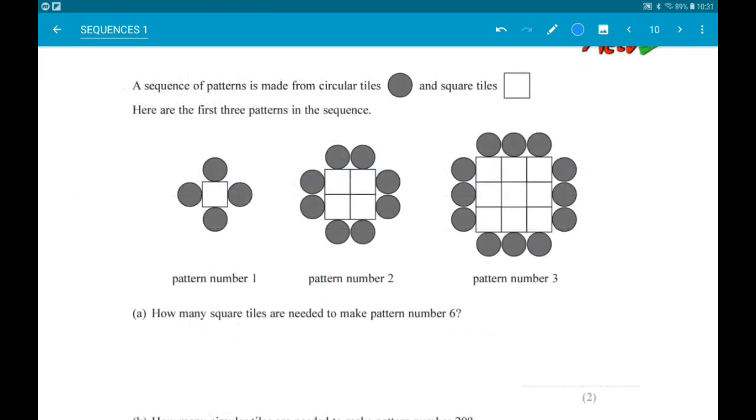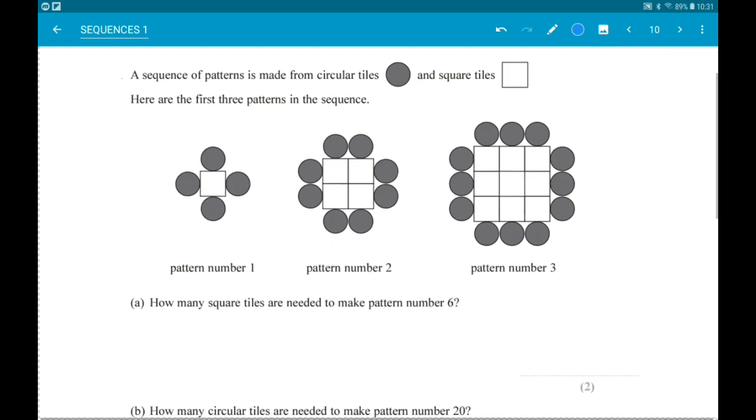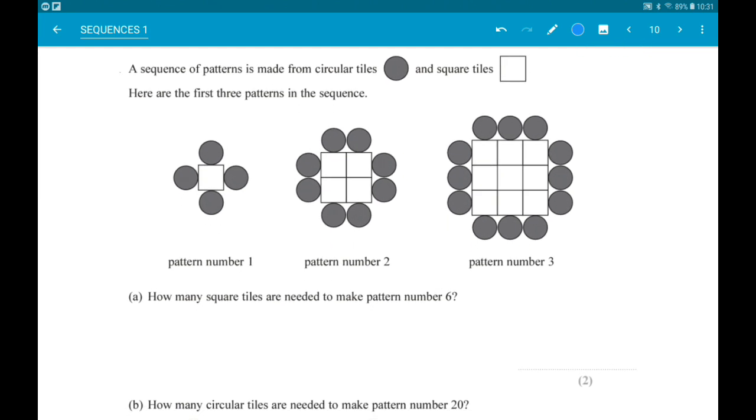Okay, next up, a sequence of patterns is made using circular tiles and square tiles. We have the first 3 patterns. Part A, how many square tiles are needed to make pattern number 6? So, let's see. Pattern number 1 needs 1.